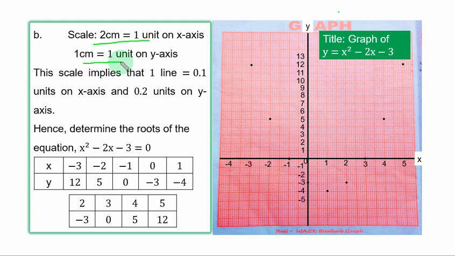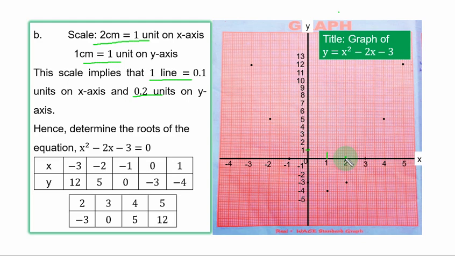This scale implies that one line is equal to 0.1 units on the x-axis and 0.2 units on the y-axis. Now, in this graph I'm using, each box is 5 lines. By default, it is 1 cm. So on the x-axis, you combine two boxes and give it 1. The next two boxes become 2, and so on.